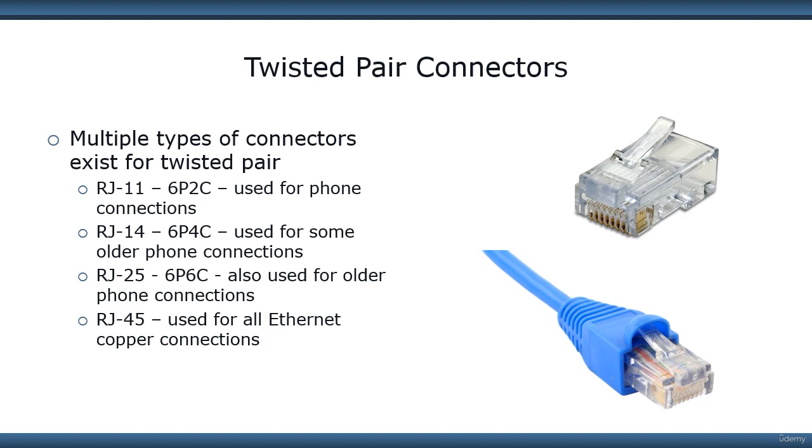Okay, so 6P stands for 6 pins. 6 pins with 2 connected, 6 pins with 4 connected, 6 pins with 6 connected. With RJ45, you've got 8 pins because you've got 8 wires, 4 pairs, and each pair of wire is twisted around itself. But the connector is a little bit bigger because it's got 8 pins.